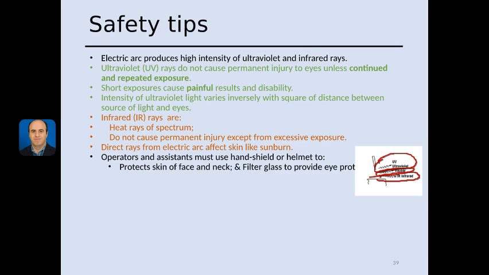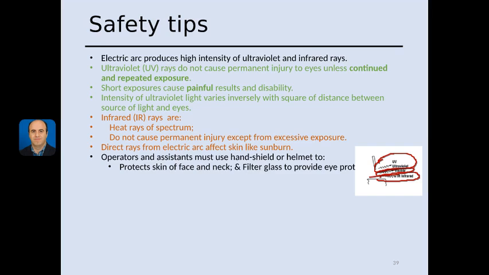The UV light is the main problem in the electric arc welding process, because if the eyes are exposed repeatedly to this type of light, it is going to be very painful.